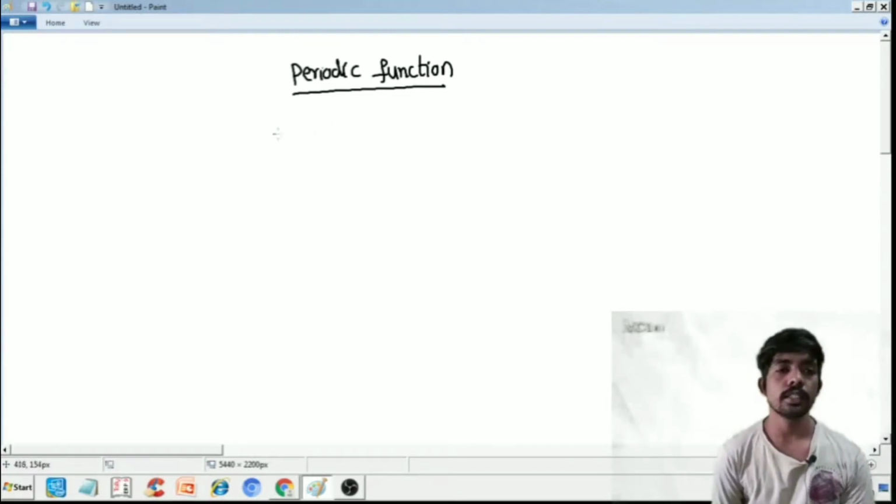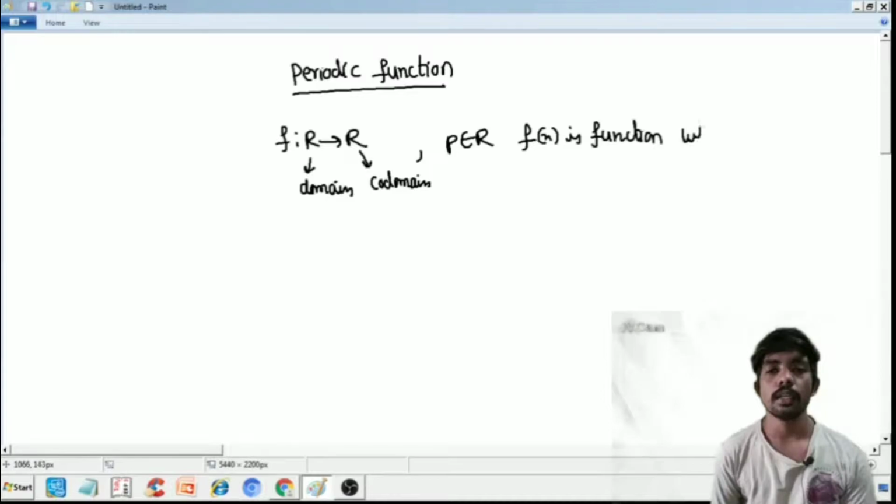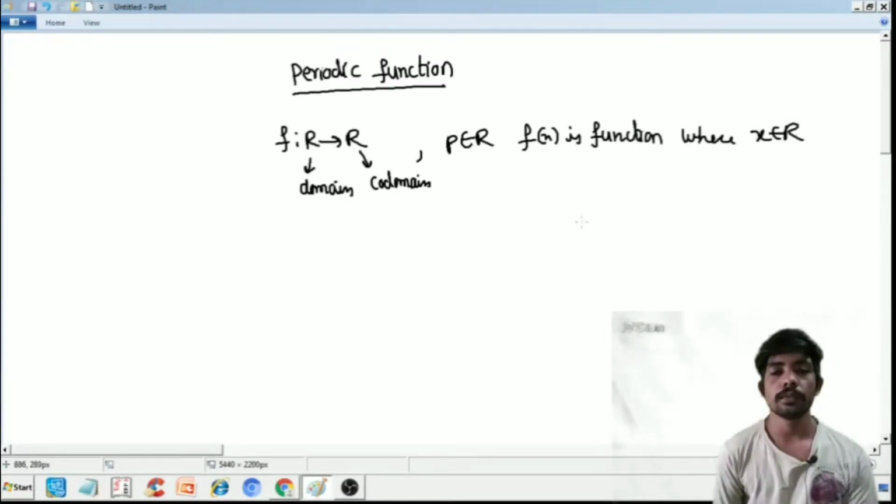Let us consider f mapping real numbers to real numbers, where the first set of real numbers is the domain and the second is the codomain, in such a way that p belongs to real numbers and f of x is a function, where x belongs to real numbers.